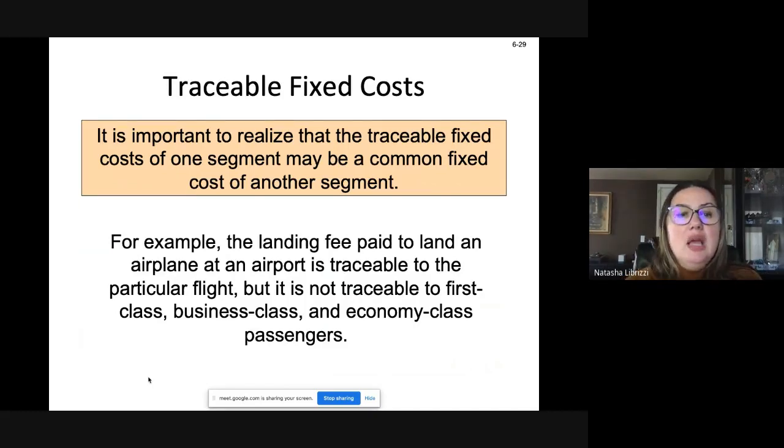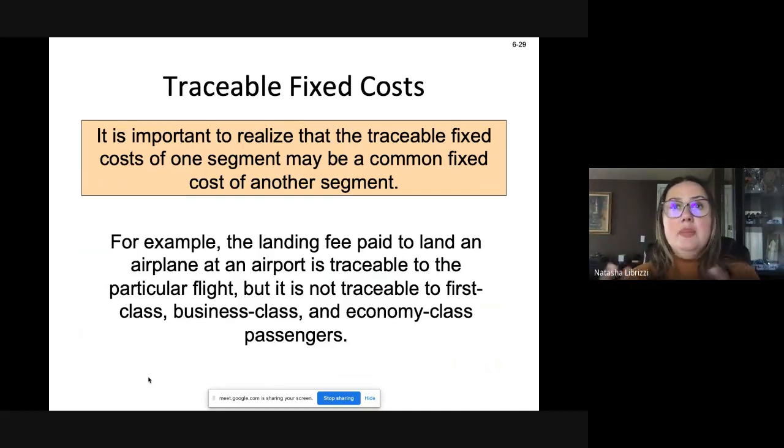For example, a landing fee paid to land an airplane at an airport is traceable to a particular flight, but it's not traceable to the first class, business class, and economy class passengers. When the plane lands, they don't care how your plane is divided. It's interesting how the airline industry works, how they rent.